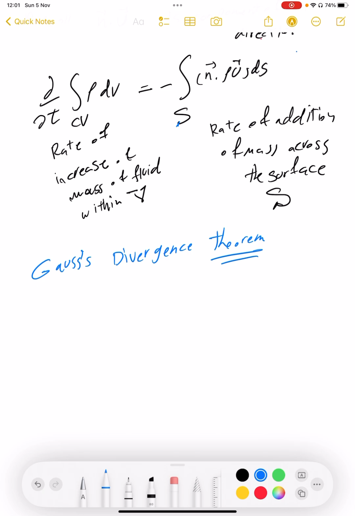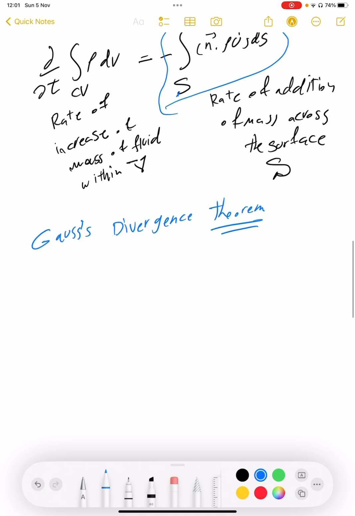If you use Gauss's divergence theorem, you can replace this term, which is an integration over the surface, with a control volume integral, which is much nicer. So if I rewrite these equations, what I had was the differentiation of the mass inside my control volume equal to that term.